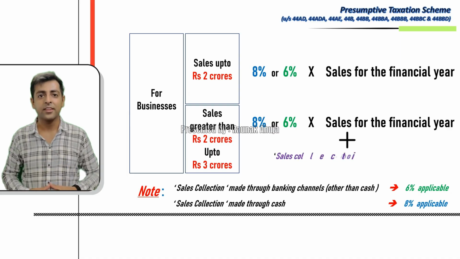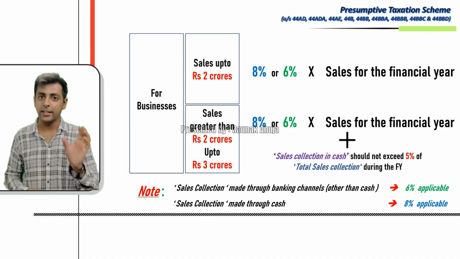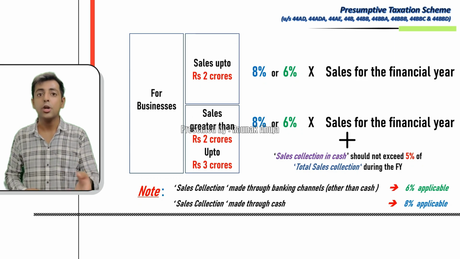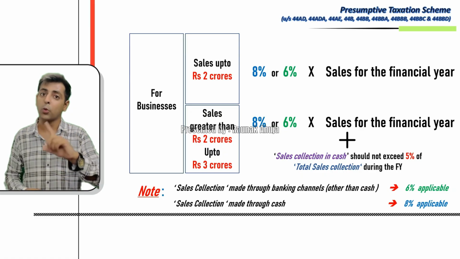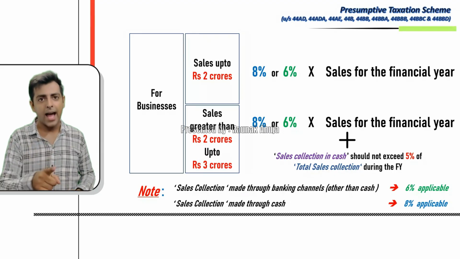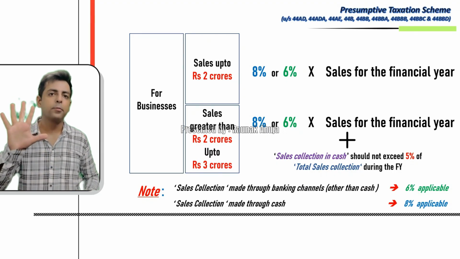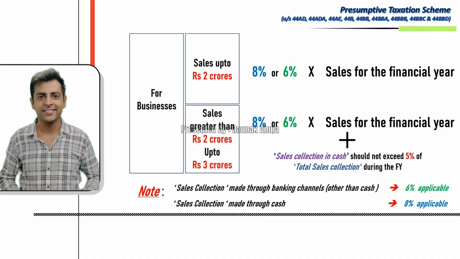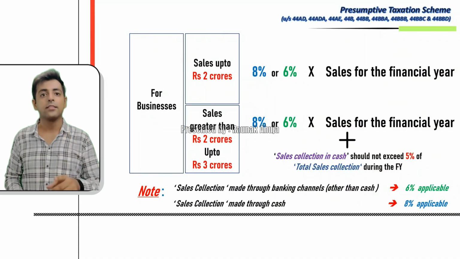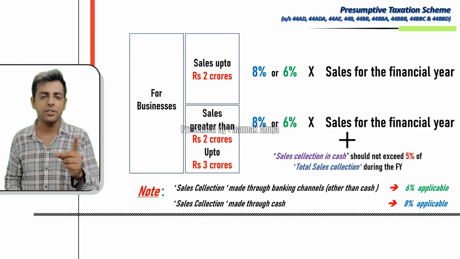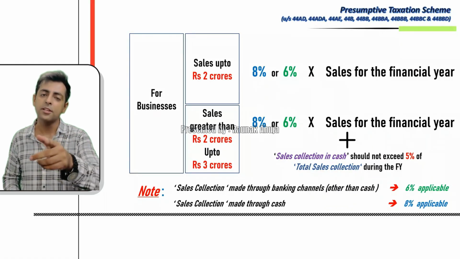And that is the total collection in cash, that is, the total sales collection that you have made during the financial year should not exceed 5% of the total sales made during the financial year. This means the total sales collection in cash should not exceed 5% of the entire sales collection you made during the financial year. In case you collect the sales receipts in cash exceeding 5% of the total sales collection, then you won't be eligible to opt for this scheme.